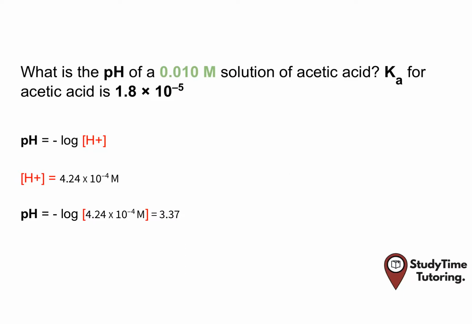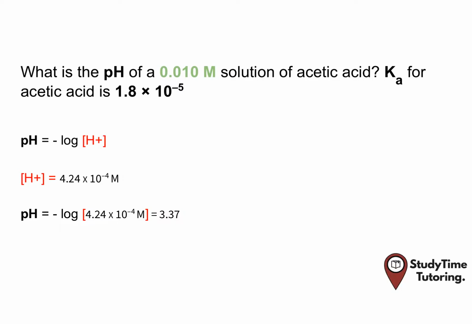Okay, so for this one, it's pretty much an extension off the last problem. So we have the same solution. We have 0.01 molar solution of acetic acid, and the Ka, again, for acetic acid is 1.8 times 10 to the negative fifth. So we know here that the pH is essentially the negative logarithm of whatever the hydrogen ion concentration is.